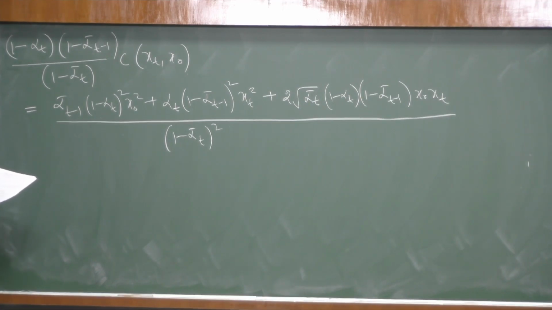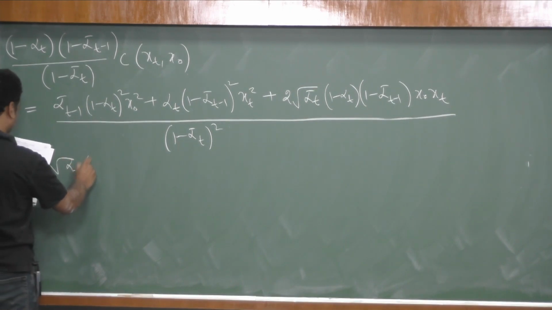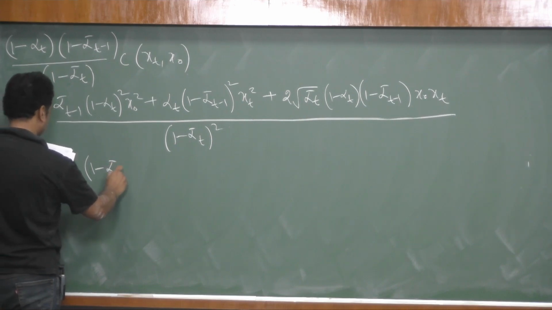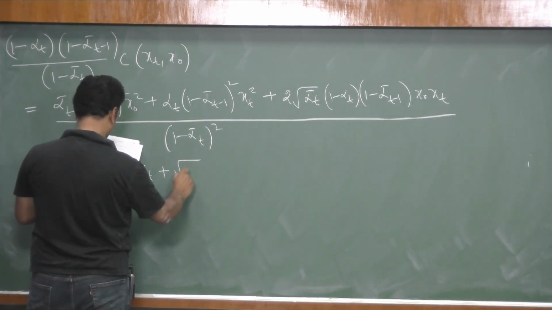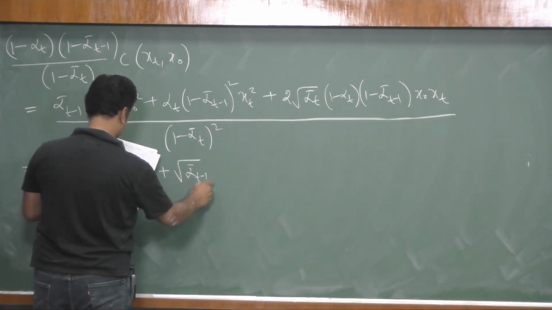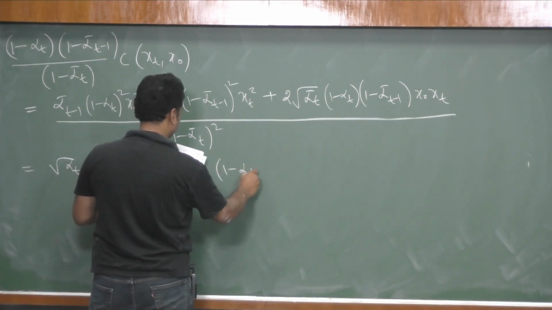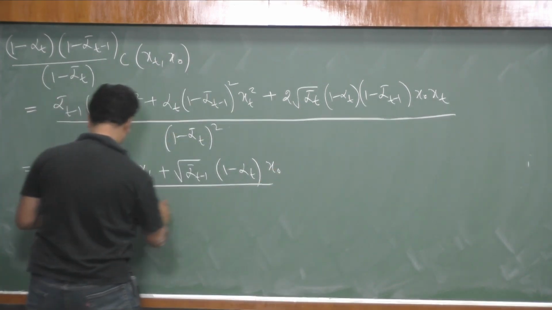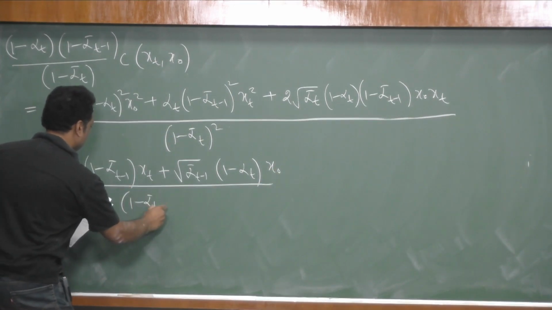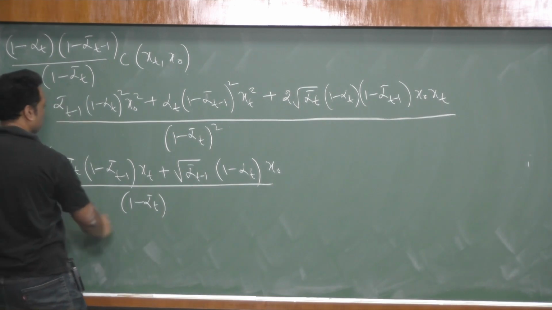Then we can write this as square root of alpha_t (1 - alpha bar_{t-1}) x_t minus square root of alpha bar_{t-1} (1 - alpha_t) x_0, divided by (1 - alpha bar_t), and this is the whole thing squared.